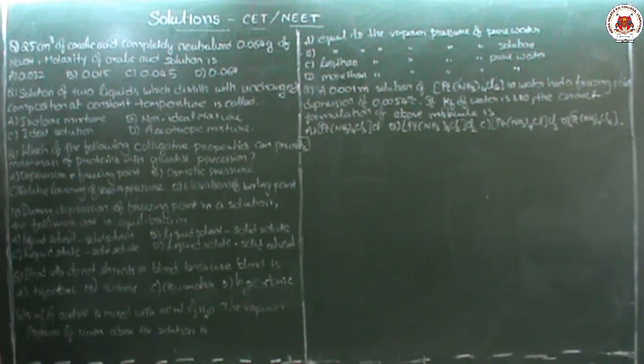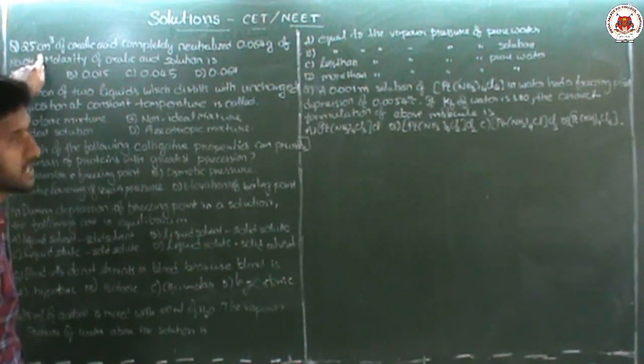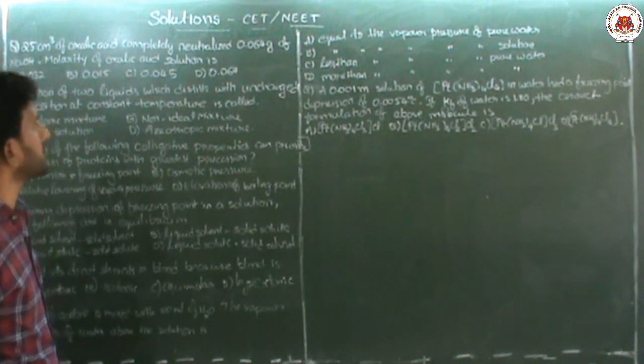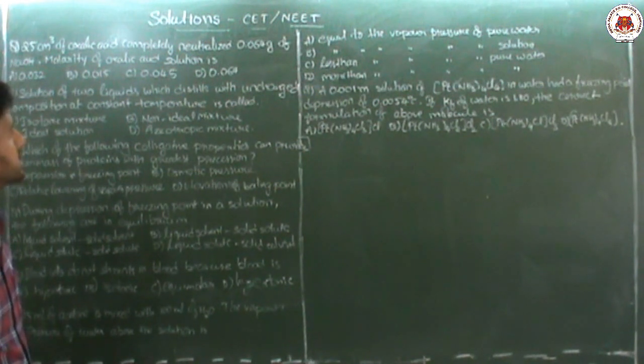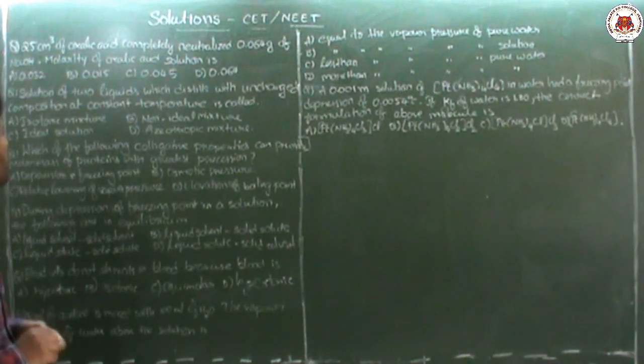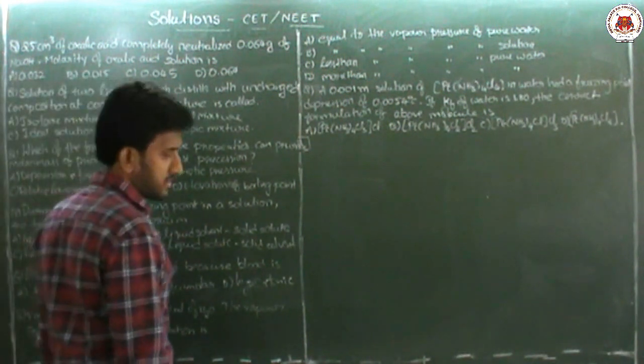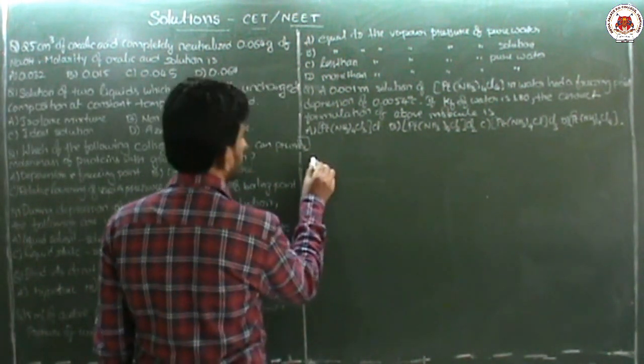First question: 25 centimeter cube of oxalic acid completely neutralizes 0.064 grams of NaOH. The molarity of the oxalic acid solution is? Now they want the molarity, so first we need to calculate.